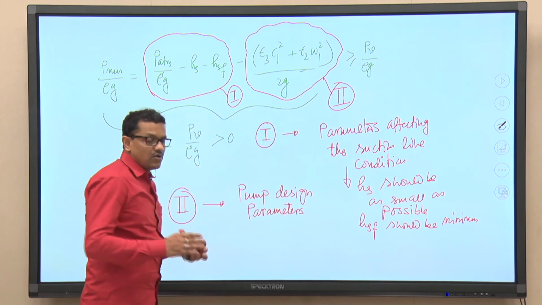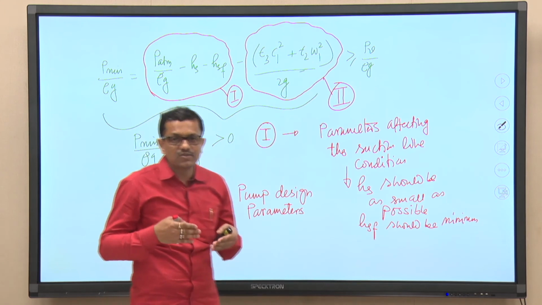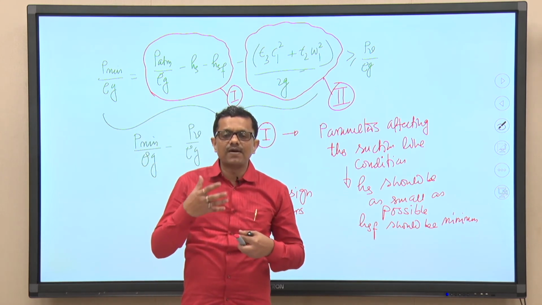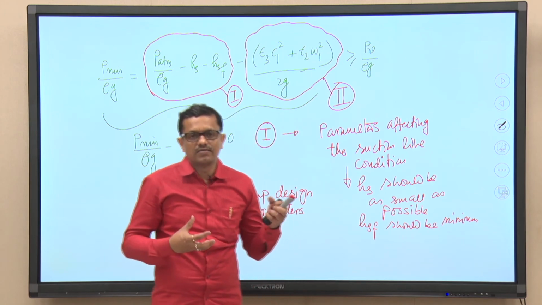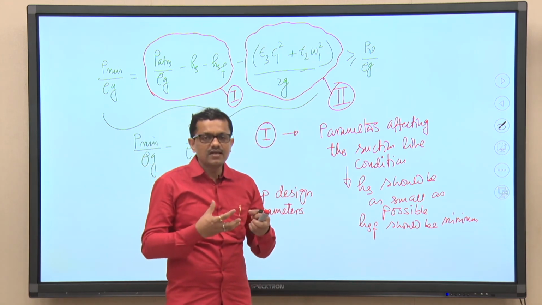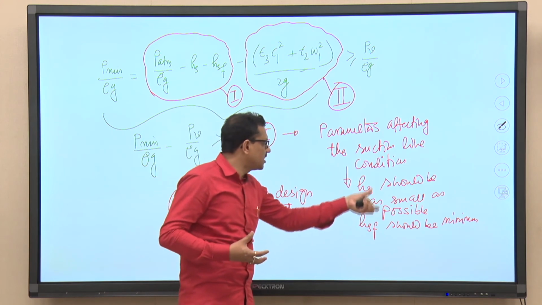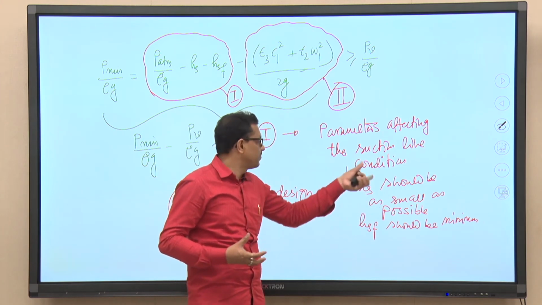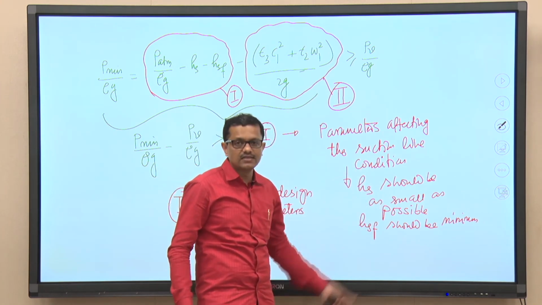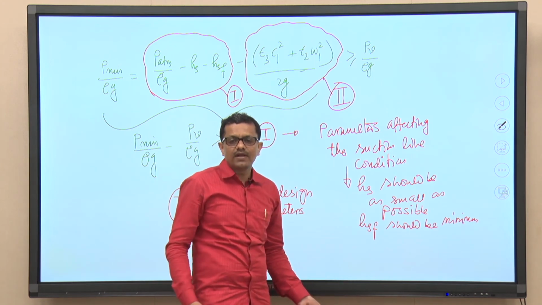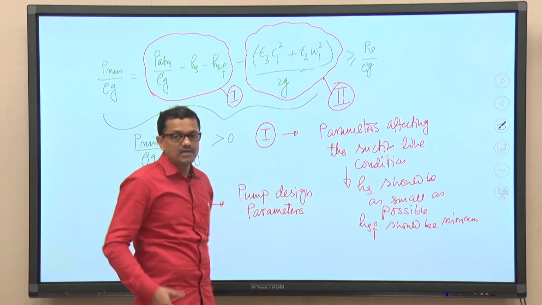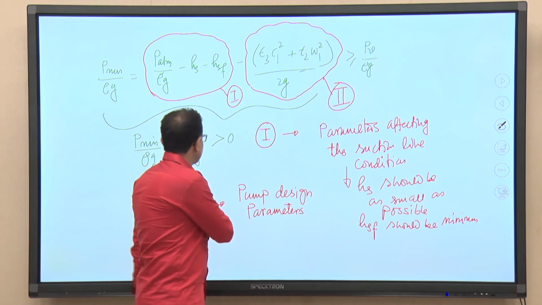So, what we wanted to discuss today is that when we design a pumping system, the pump itself is also responsible. From the system design, we can take care of these two things, Hs and HSF. On the other hand, there is another important parameter, the pump design parameters, that is parameter 2.